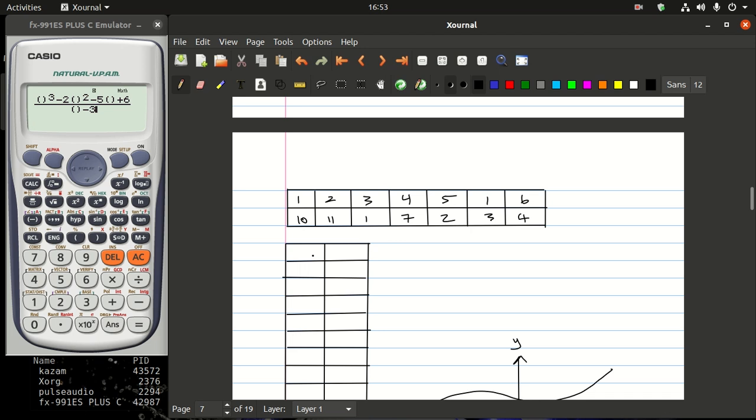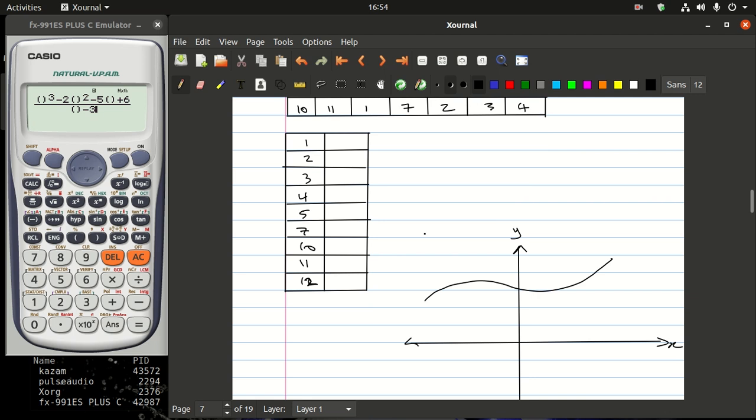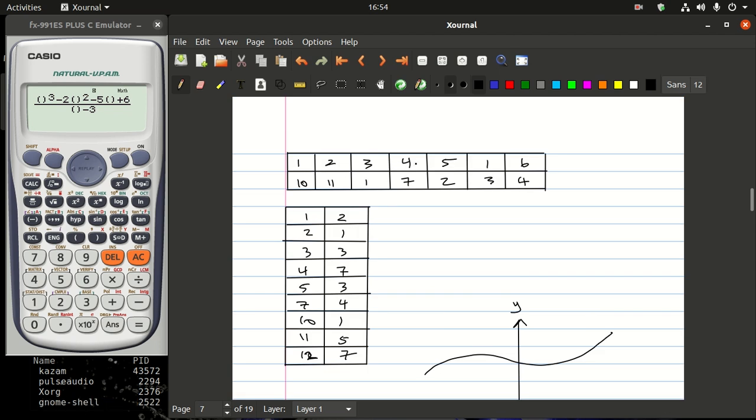And then this side I will have a 1, 2, 3, 4, 5, 7, 10, 11, 12. And then this side I'm gonna have 2, 1, 3, 7, 3, 4, 1, 5, 7. These are just random numbers.